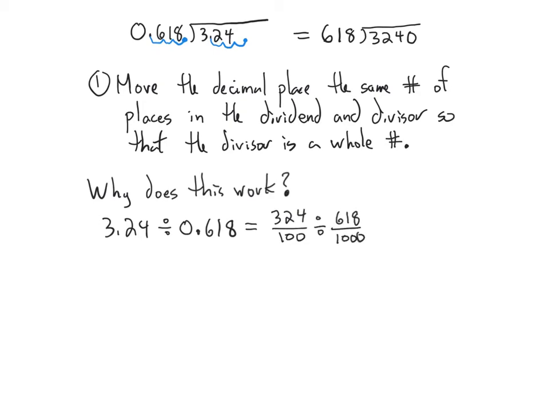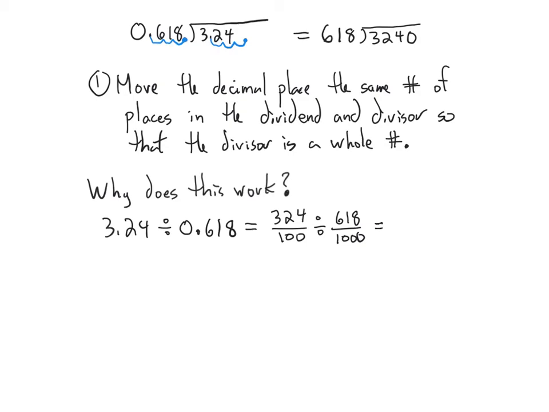Remember, if we look here, the hundredths place is the smallest place value for this number, so our denominator is 100. The thousandths place is the smallest place value for our second number, for our divisor, so the denominator is 1,000.